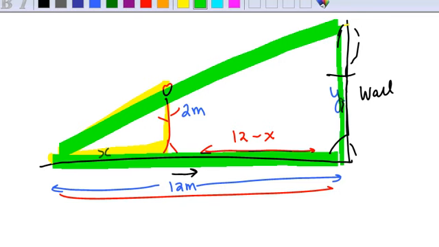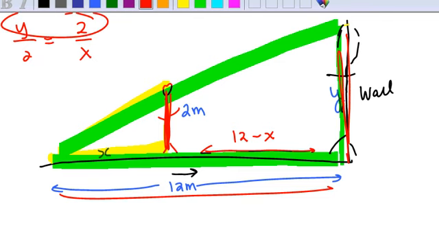If I do that, then I know that y is to 12 as 2 is to x. I'm comparing 2 and y, so those are the two numerators.